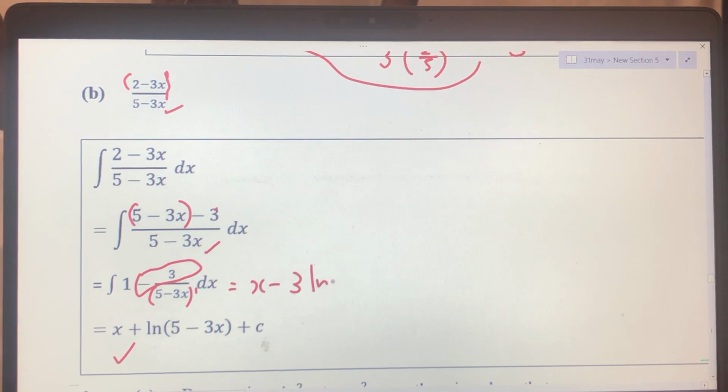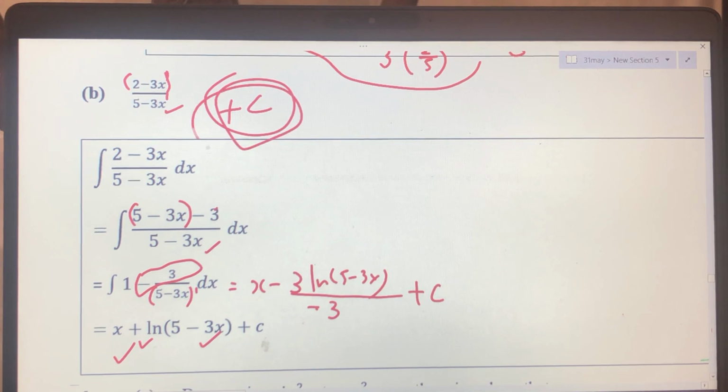Then you ln 5 minus 3x, differentiate the argument, you get minus 3, divide by minus 3. So this and this become plus, this and this cancel, that's how you get this, and then you must remember to plus c. Maybe you can do this, then you will not forget. It's a good strategy, really good strategy. Those who did this, they all put plus c. Those who didn't do this, some of them didn't put plus c, just like us. So then we learn from our competitors.